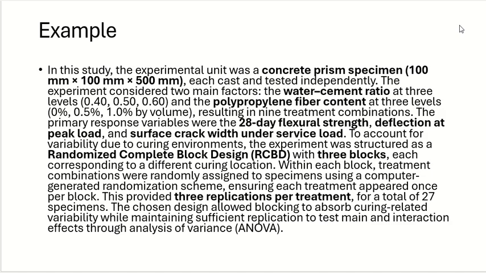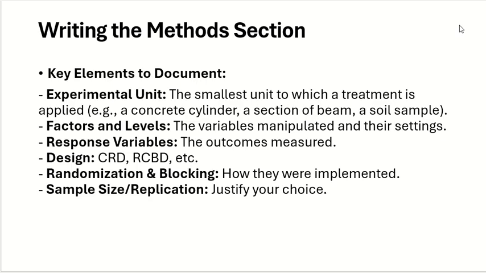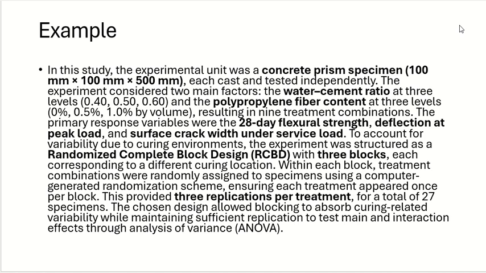So in this study, you can see all the items mentioned here as part of the experimental design. For example, experimental units. What are the experimental units? Concrete prism specimens, and the size is also given.